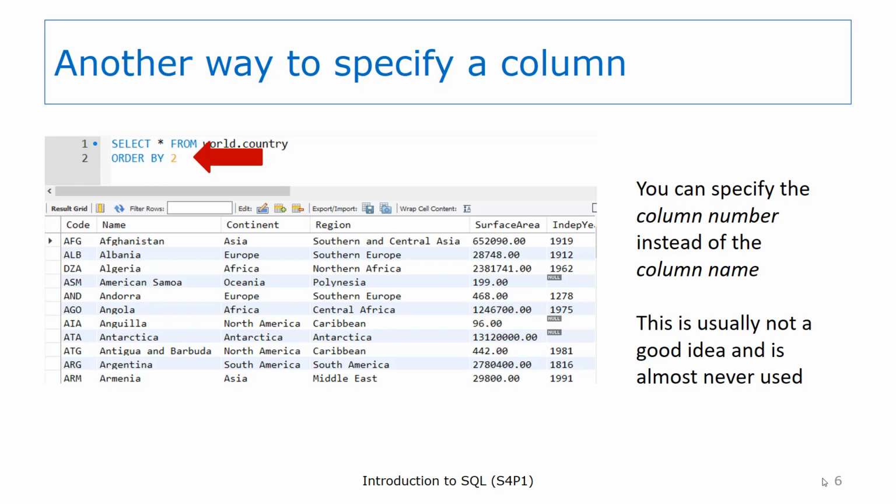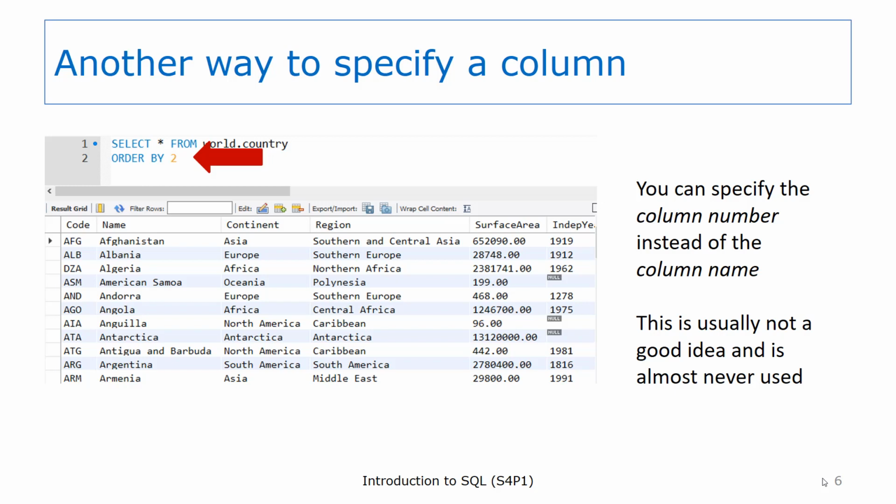This is the same select, and in fact, it is the same order by. But this time, instead of using the column name in the order by clause, we are using the column position. In this select all, the name column is returned as column 2. Keep in mind, when you use a select all, the columns are returned in the order that they are defined in the table.